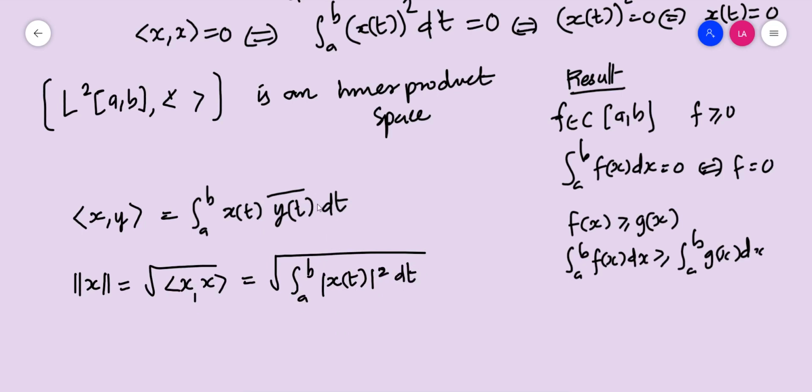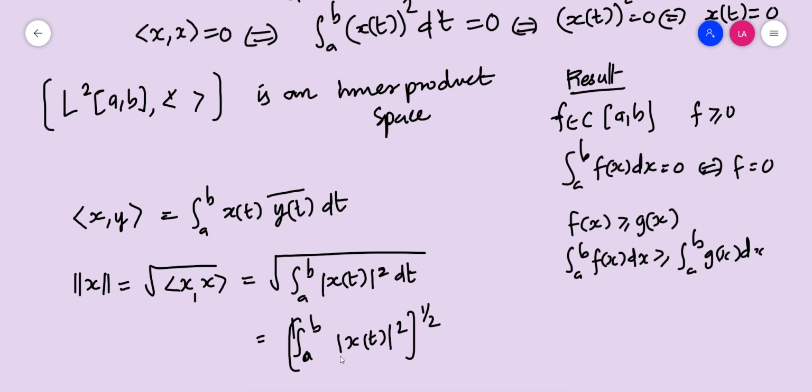I think that's in the case of complex valued functions. In the case of real valued functions, this is x(t) squared. So the integral from a to b of the modulus of x(t) squared, the whole raised to 1/2, which is what we have defined in the case of normed space as well.